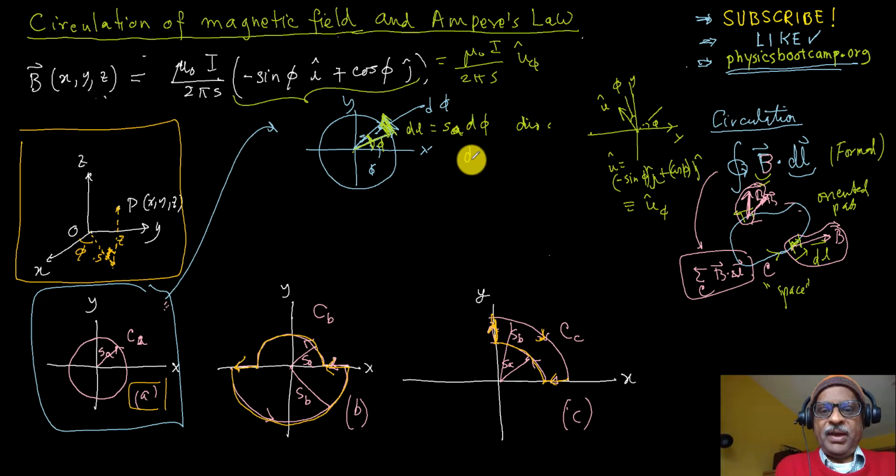So the dl vector at that point is s_A d phi times the unit vector in the phi direction. This is the magnitude, and this is the direction.